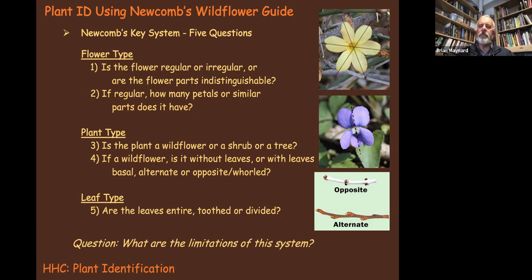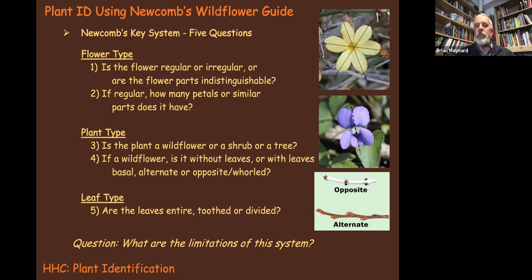And what that means is, does the flower have a circular arrangement of petals going around so that the flower can be divided in a number of different ways to have a mirror image? Or is the flower irregular, which means that it can only be divided one way to create a mirror image? And if you think of things like pansies and irises, those are irregular flowers.